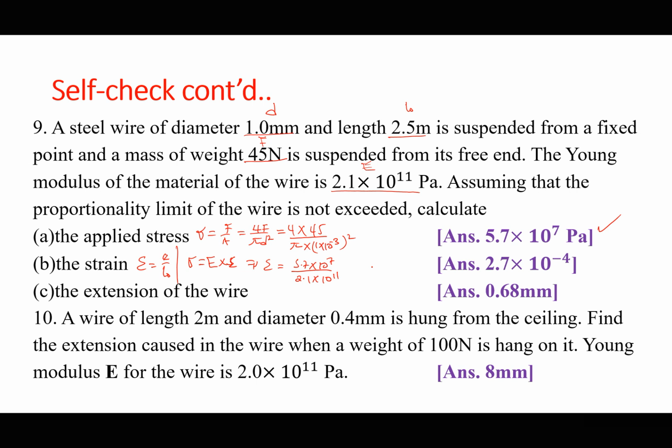Divide by 2.1 exponent minus 11. So this answer is correct. Then the extension of the wire. Since strain is extension over original length, extension is going to be strain times original length. So that is 2.7 times 10 to the power of minus 4, then times the original length, which is 2.5.